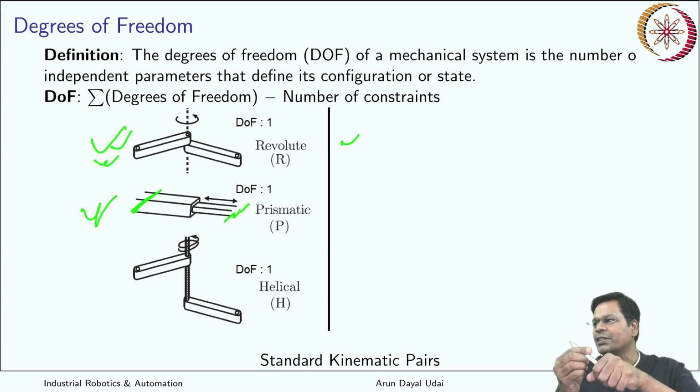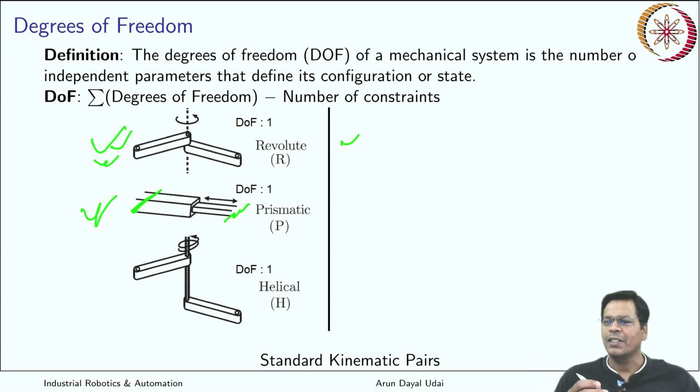That means 2 rotations are constrained. As it is a rectangular thing, it cannot rotate about its own axis also. So all 3 rotations are now constrained. So how many translations can it do? It can do just 1 translation, and it cannot do the remaining 2 translations. So there are 5 constraints. So 6 minus 5, it is just 1.